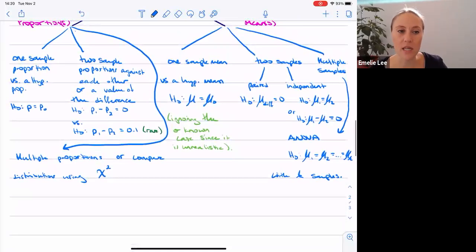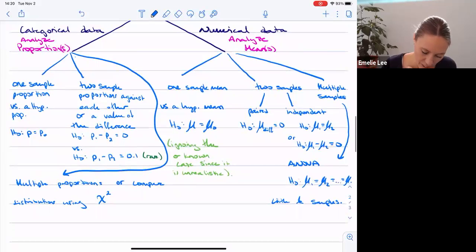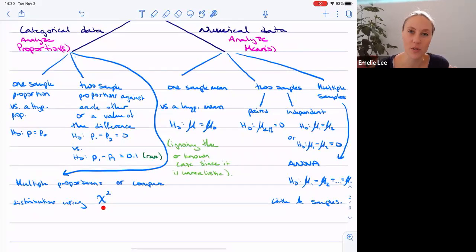Okay, so that's where we'll head into a little bit more, looking at testing with multiple samples. Just in general, here I've talked about how I calculate my test statistic. For multiple proportions, I use chi-squared. For multiple means, I use an ANOVA. And of course, just as a reminder, for proportions, we use Z-scores.